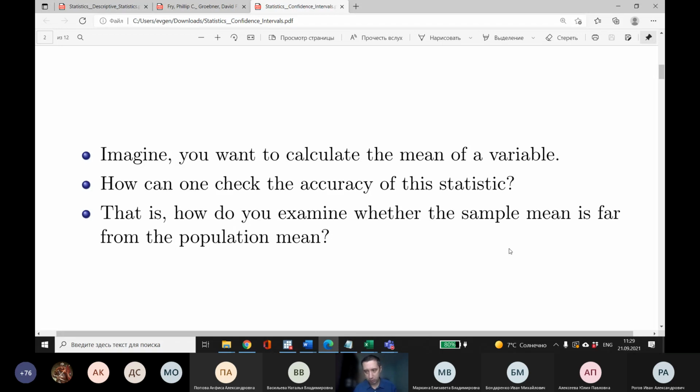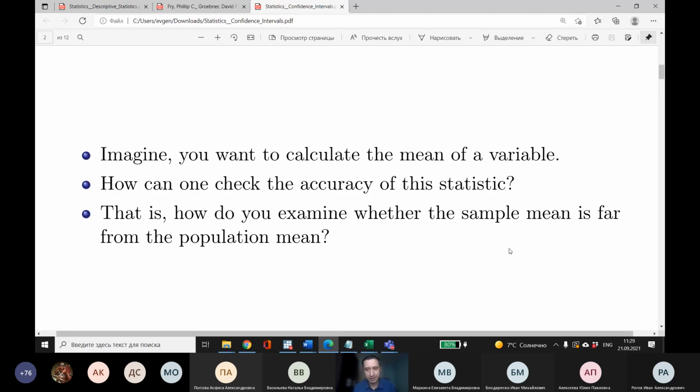Well, and one could ask me, okay, but how do you examine whether the sample mean is fine, whether we have to trust the sample mean? In statistics, to check whether we have to trust our sample mean or other indicators, we rely on a simple logic.